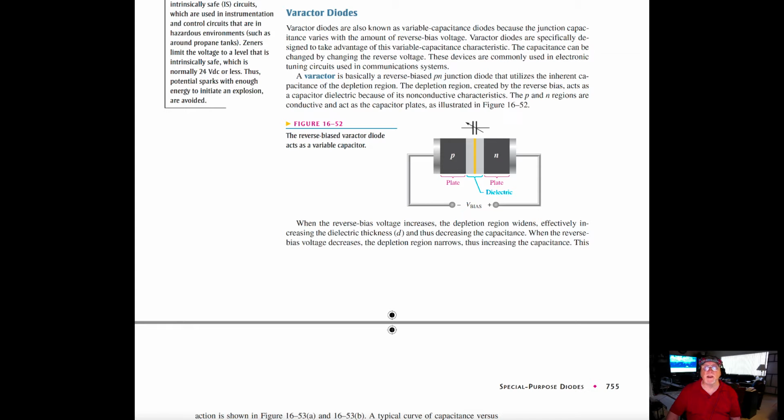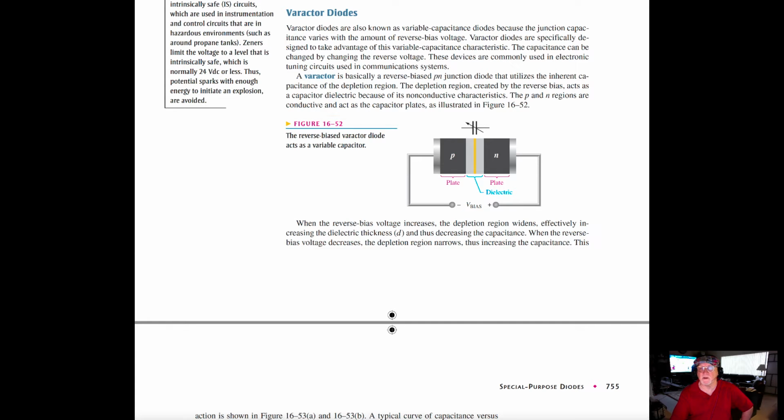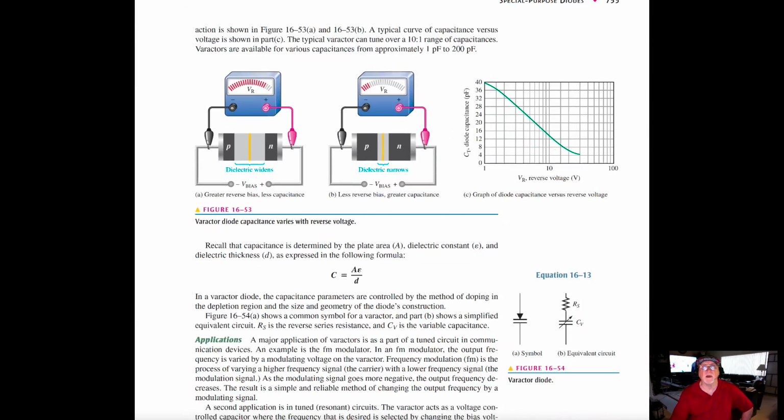When the reverse bias voltage increases, the depletion region widens, effectively increasing the dielectric thickness and thus decreasing the capacitance. When the reverse bias voltage decreases, the depletion region narrows, thus increasing the capacitance. Okay, so just think of what's going on between that PN junction, but think of it in terms of a capacitor now.